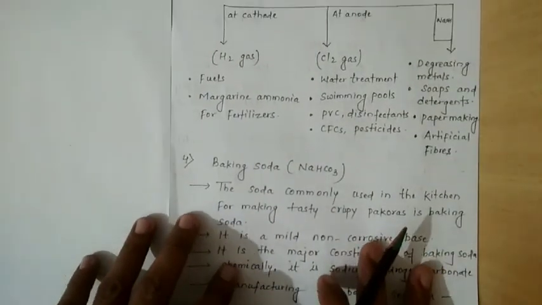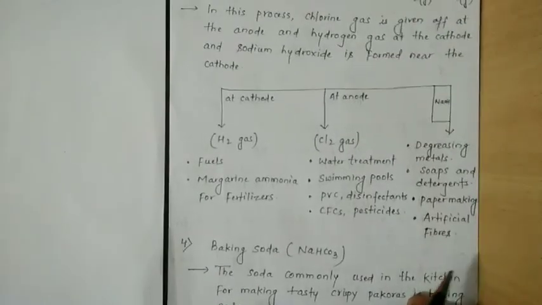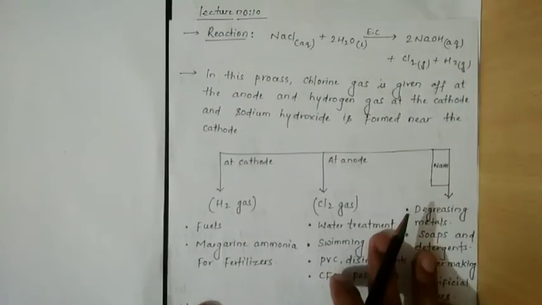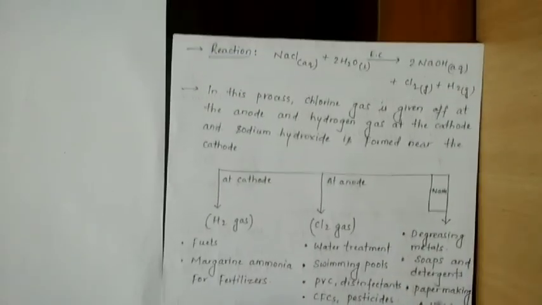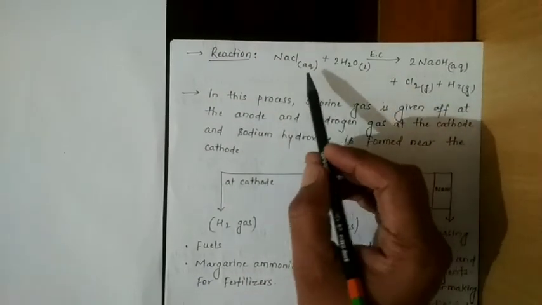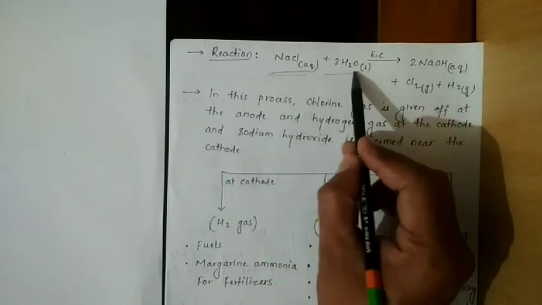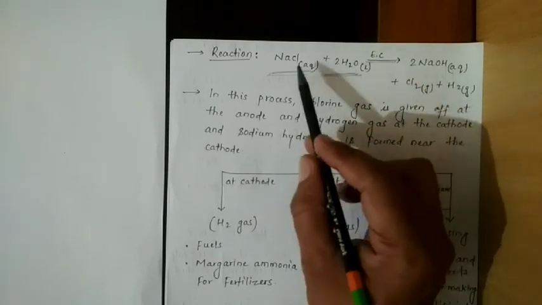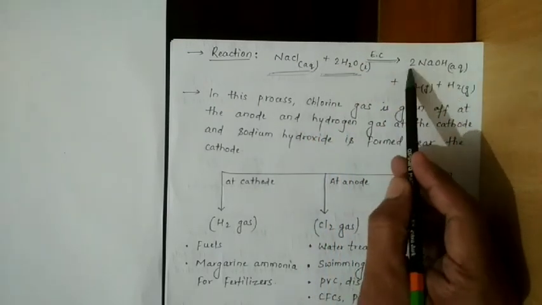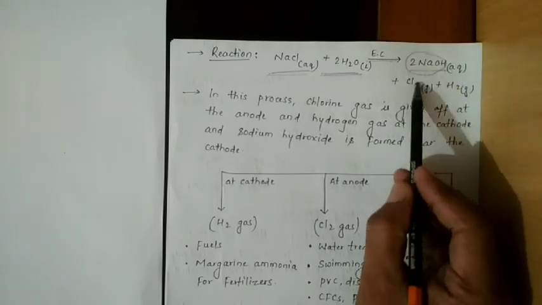Here we can clearly see in the chlor-alkali process the reaction: NaCl plus water, when electricity is passed through this solution, we find that NaOH is obtained as its main product.